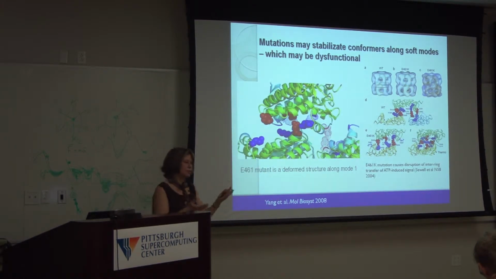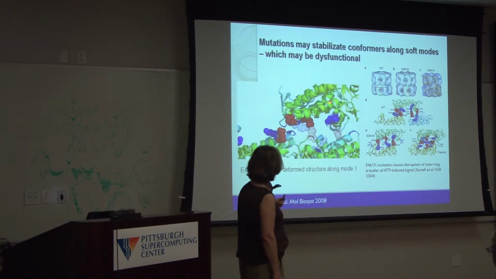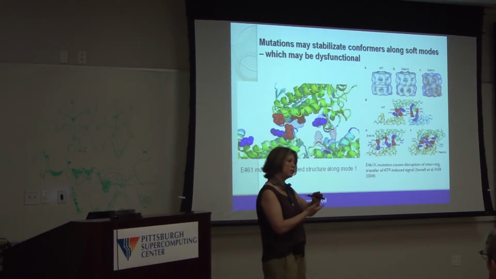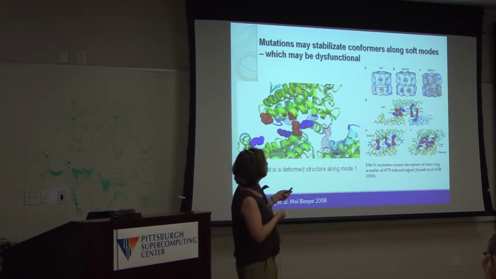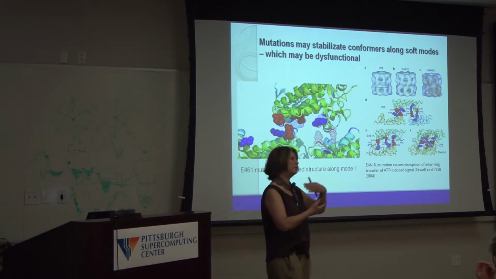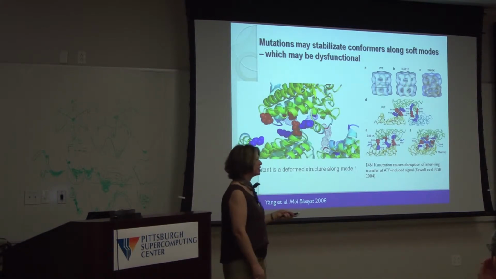So what's so important about it, you may ask? But the thing is, this salt bridge, original salt bridge, was very important in transmitting signals from the ATP binding site here all the way to the cap, and enable the continuation of the allosteric cycle.